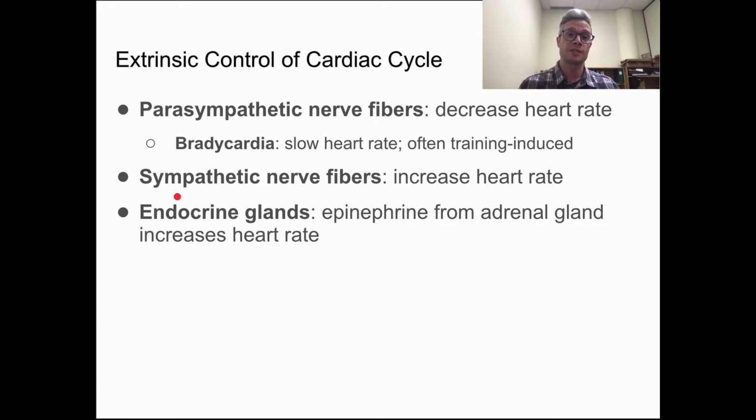A lot of us associate that with increased adrenaline, right? We think of that. And so sure enough, that's part of the hormones. So endocrine glands produce hormones in our bodies. And again, one of the main things that will increase our heart rate from the adrenal glands is epinephrine.